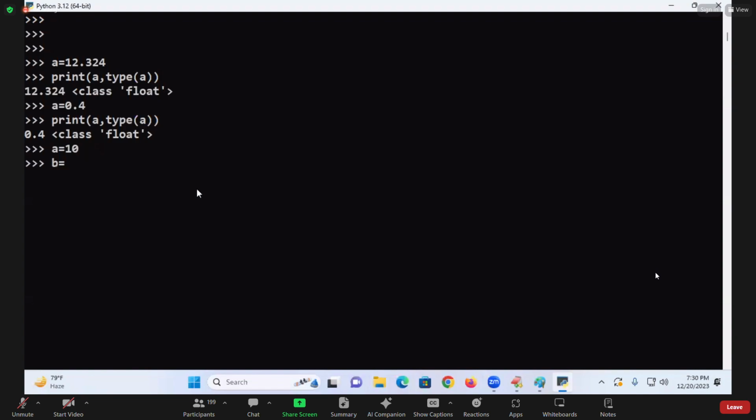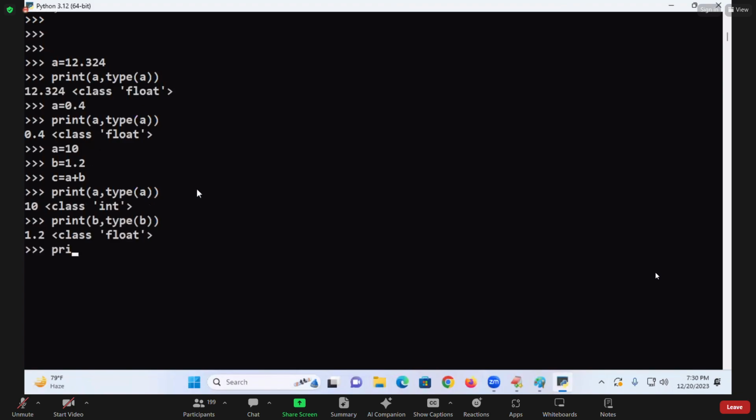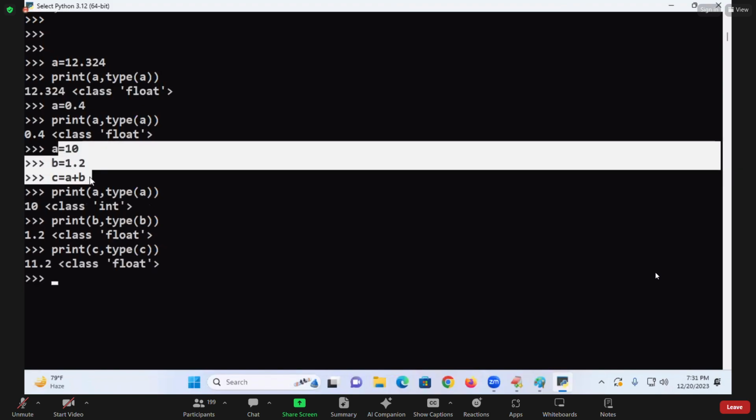A is 10, B is 1.2, C is A plus B. Print of A comma type of A is int. Print of B comma type of B is float. And obviously C comma type of C is float. Integer plus float is float.